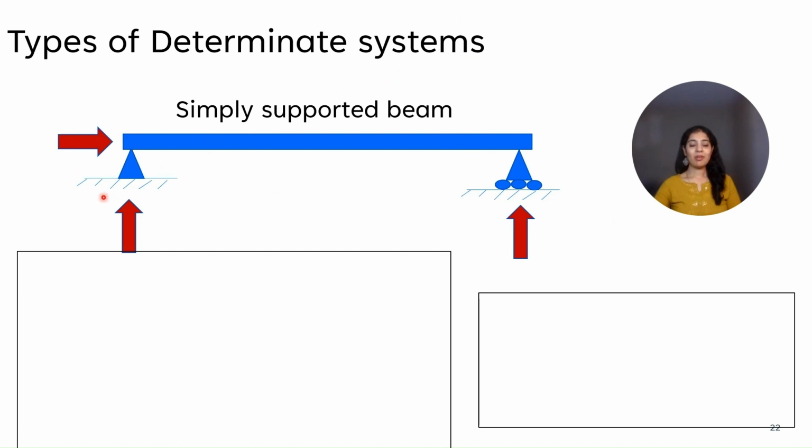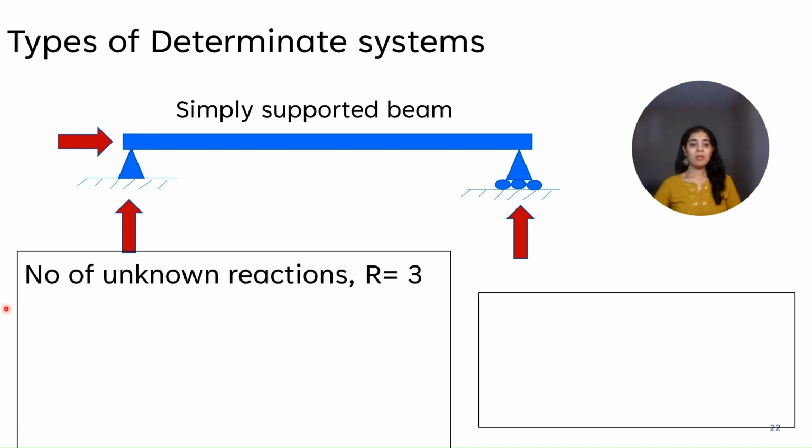Here we saw the reactions offered by the pin support will be two reaction components, and the reaction offered by the roller support will be one reaction component normal to the roller. So here the number of unknown reactions are 1, 2 and 3.